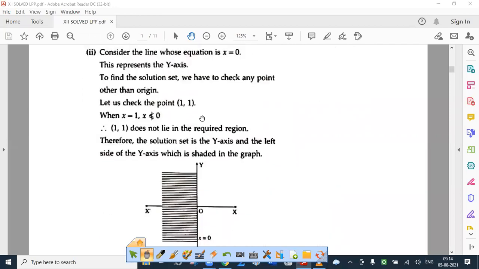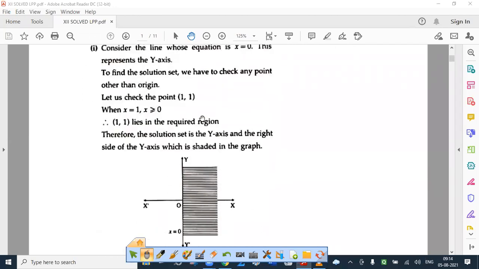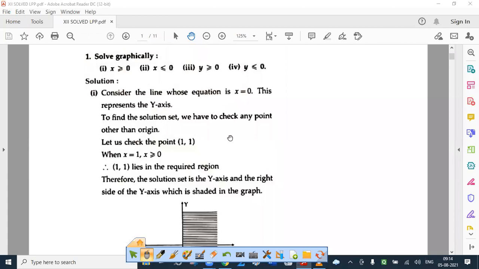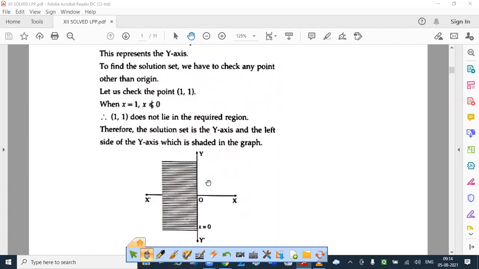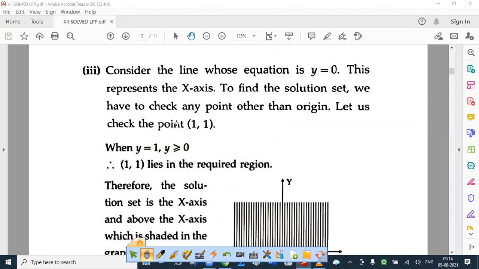Now, which is the third one? Let me see. Third is y greater than or equal to 0. Fourth, y less than or equal to 0. So we have started from the simplest inequations. Consider the line whose equation is y equal to 0. This represents the x-axis.